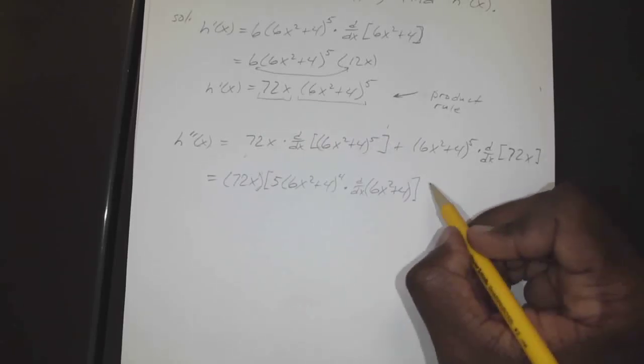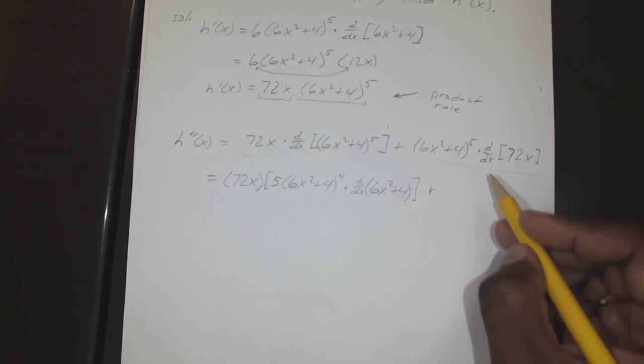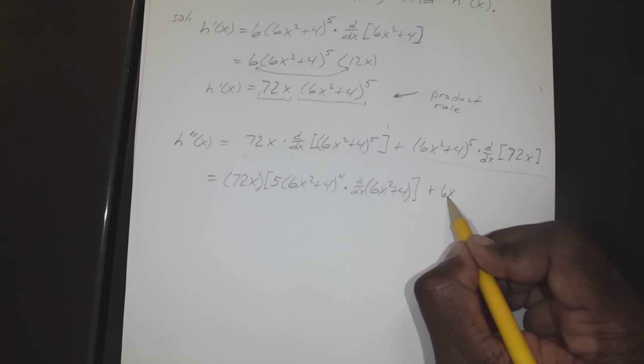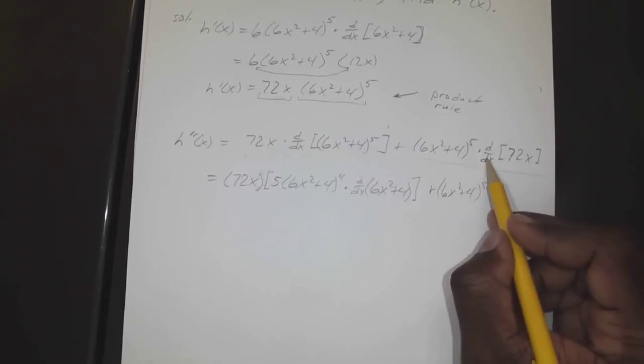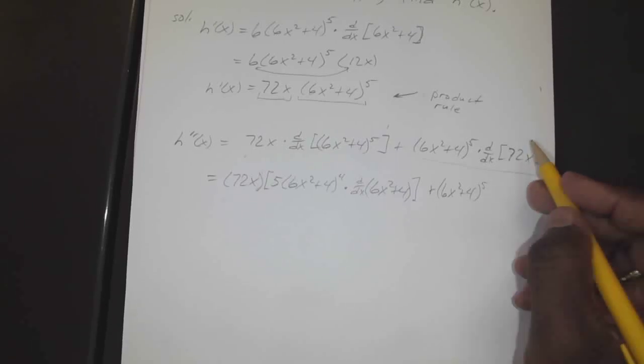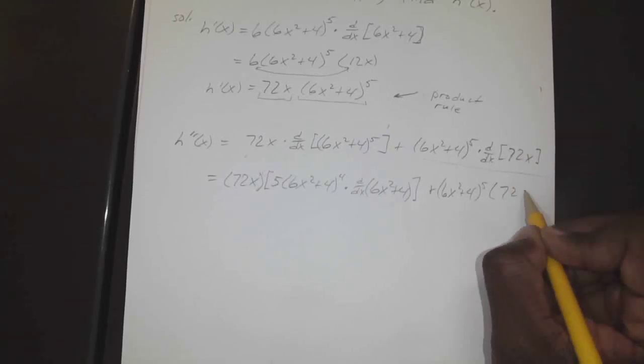Okay, so that's plus 6x squared plus 4 to the 5th times the derivative of 72x, which is just 72.